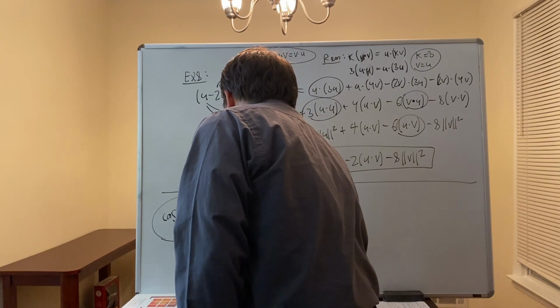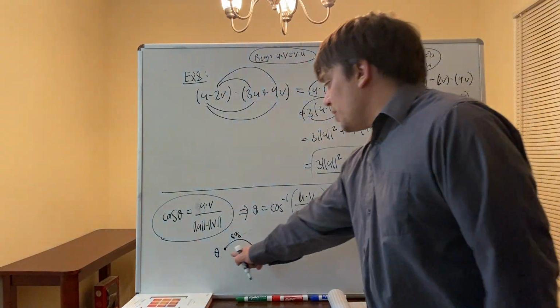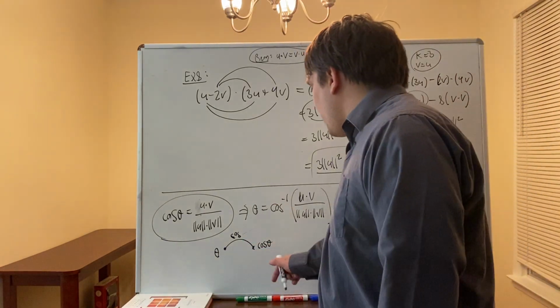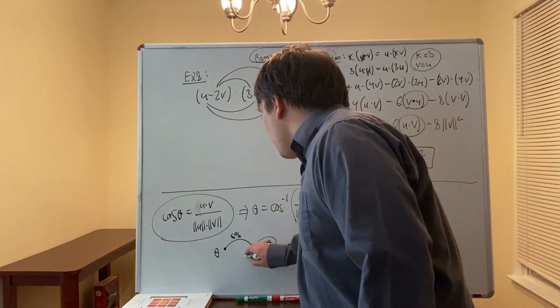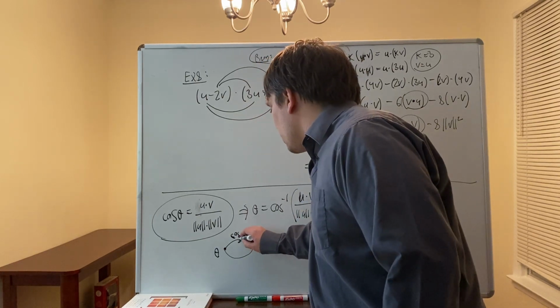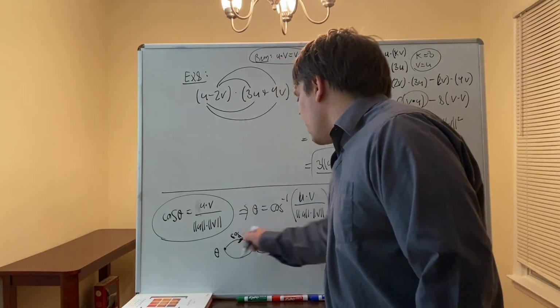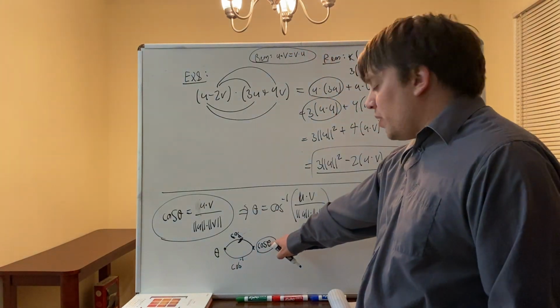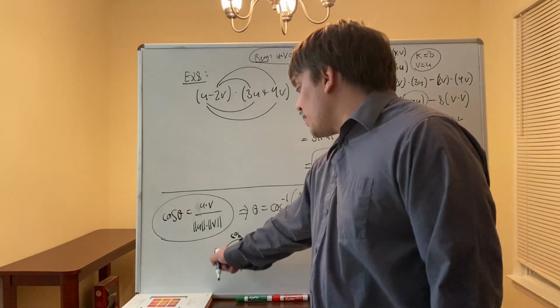That's the cosine function. The cosine function will take an angle and map it to cosine theta. The cosine inverse function will take that value of cosine theta and map it back. First, it's going in this direction, from theta to cosine theta. The cosine inverse map will take the value of the cosine function and map it back to the angle theta that gave that value.